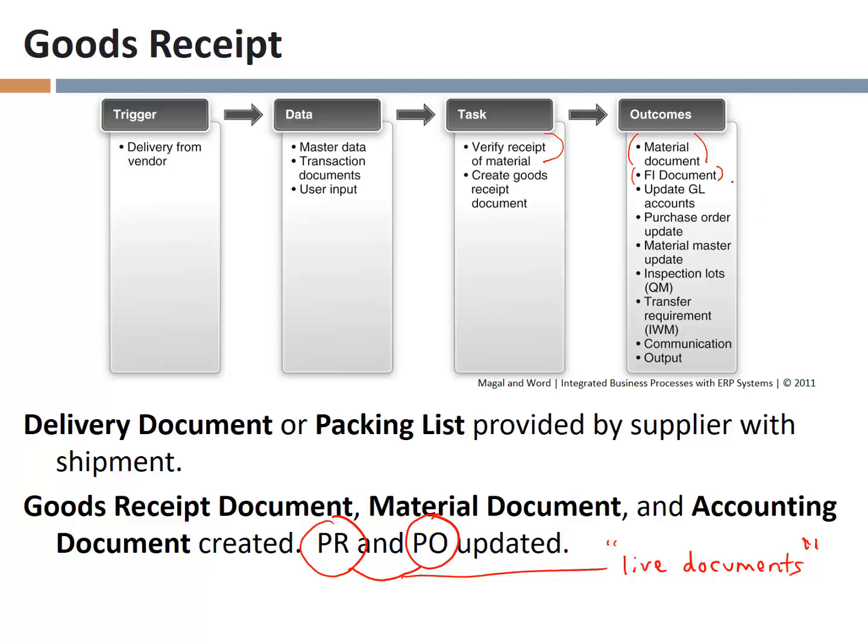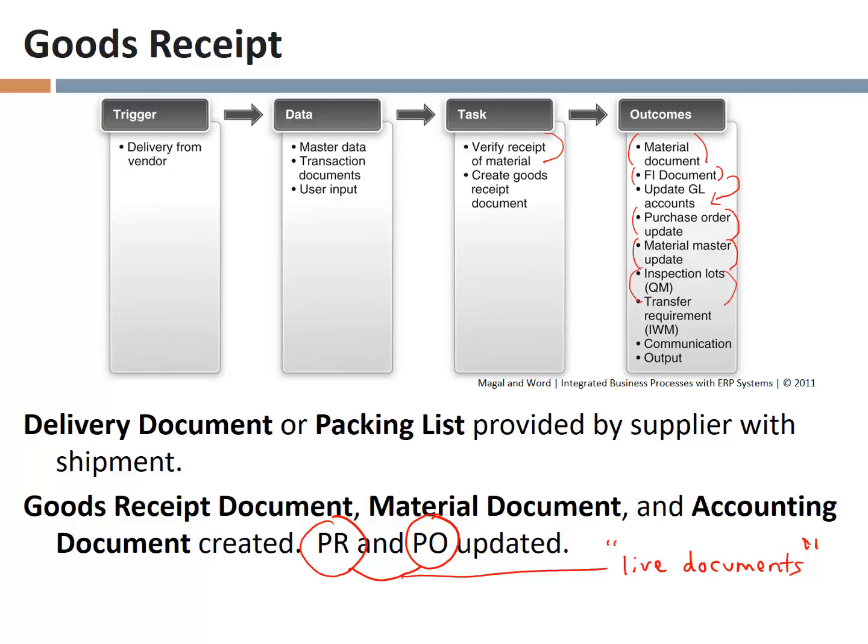That FI document will update the general ledger. The purchase order gets updated. The material master may be updated. We'll talk about why that is in a moment here. If we have quality management turned on in our system, the inspection process may be triggered at that point. There's a lot of stuff that happens here as a result of goods receipt.